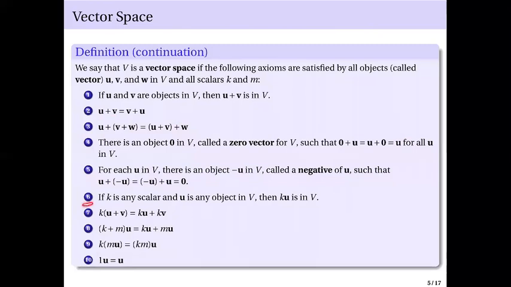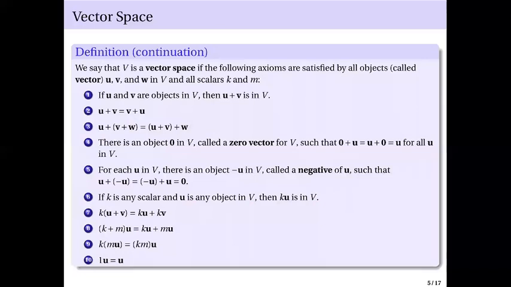Axiom number 6. If you get any scalar k and any object u in V, then ku, the scalar multiple ku, must also be in V. So this 1 and 6 here are related to the binary operations that we defined.